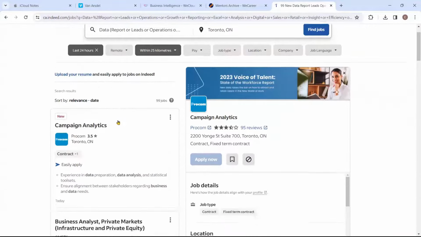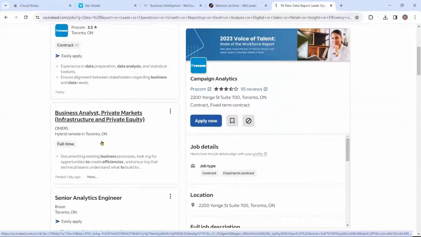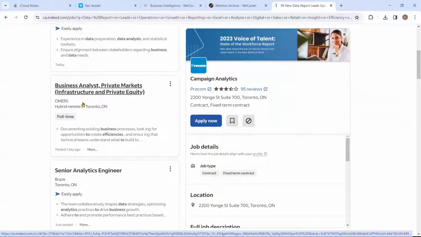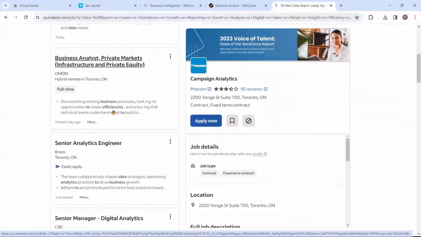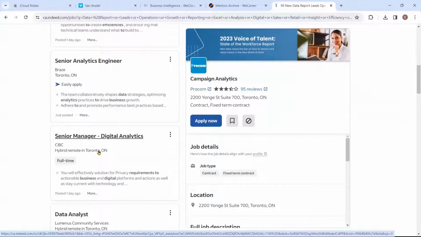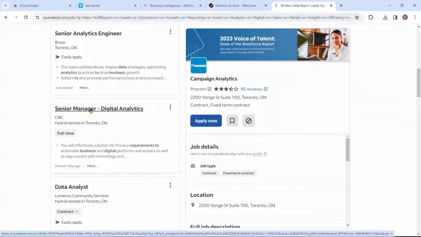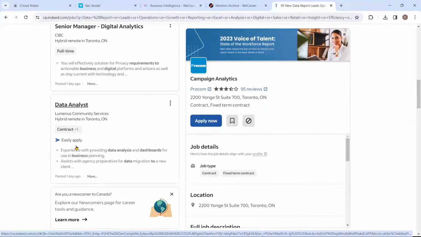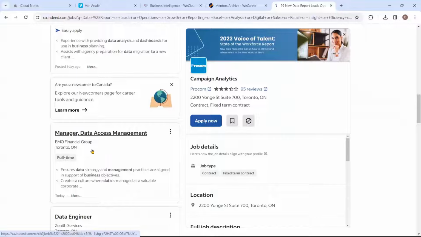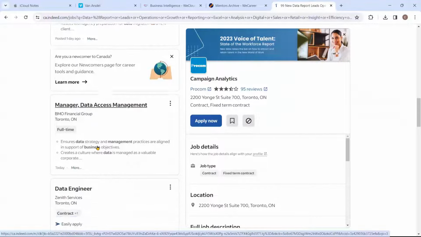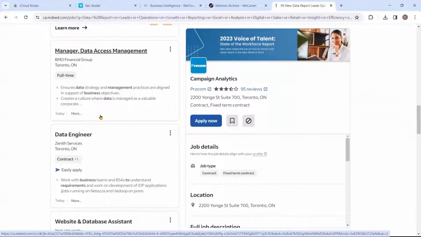It doesn't look that bright, if you look at the market. OMERS, this is pension. Business analyst, private markets. CIBC again. This is a senior role, senior manager, digital analytics. BMO, bank again, data access management.